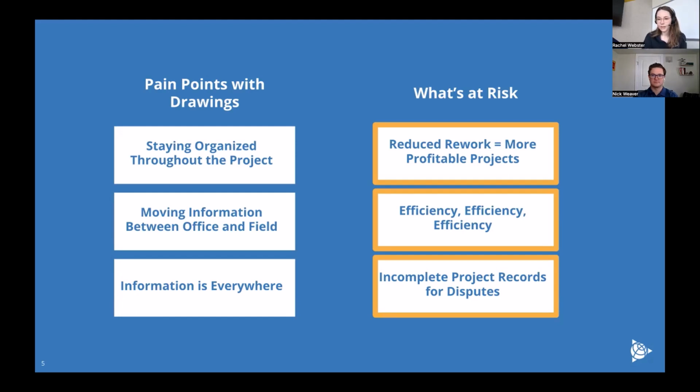We all know that MEP contractors don't usually have as many resources to document their side of the story as other construction stakeholders like a GC, or whoever else you could be working with. But solutions like ProjectSight, which Nick will be taking us through today, make that part of the process a little bit easier. So should a dispute come up after a project, you can go back to your records and have a complete picture of what happened and when, to defend your teams.